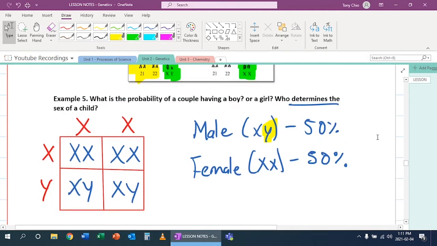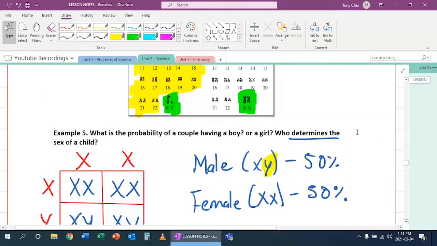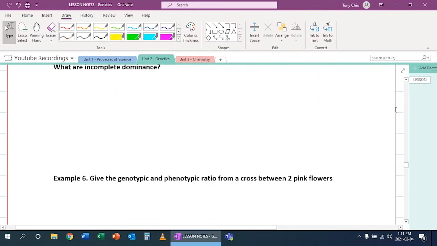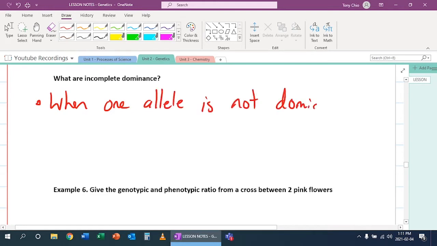But there are different types of genes in which they aren't just dominant and recessive. And one type is what we call incomplete dominance. Okay? Incomplete dominance is defined as when one allele is not dominant over another.